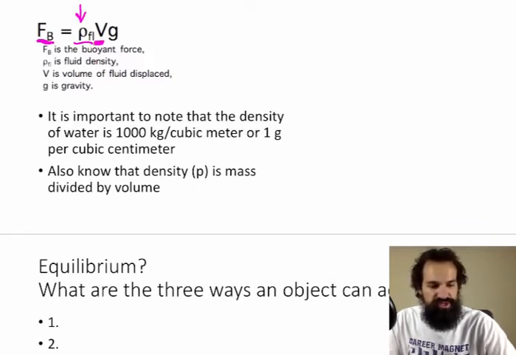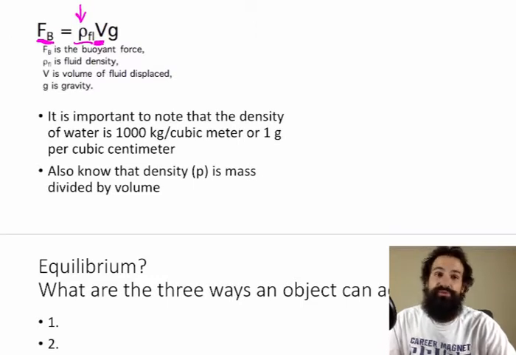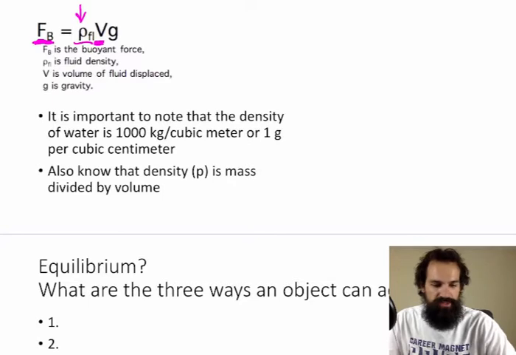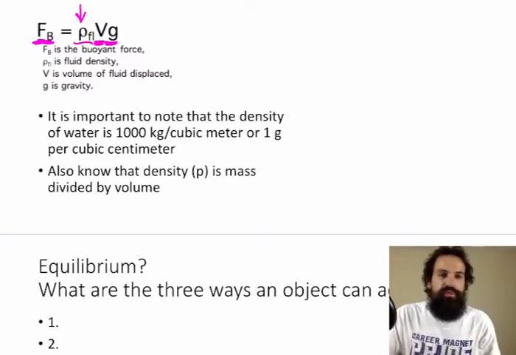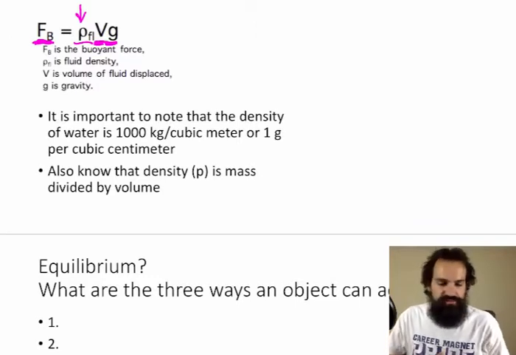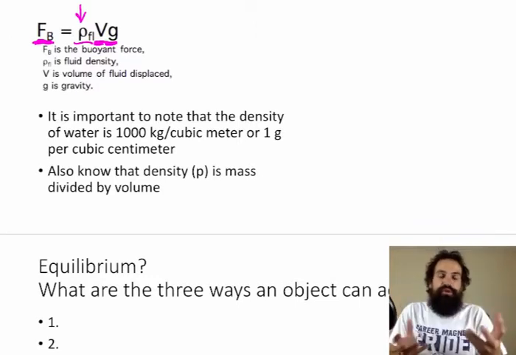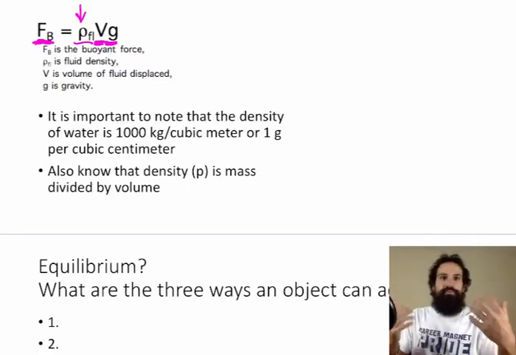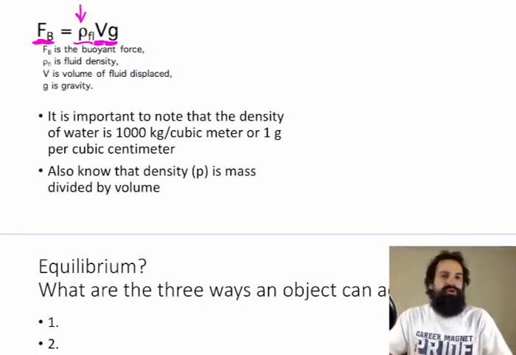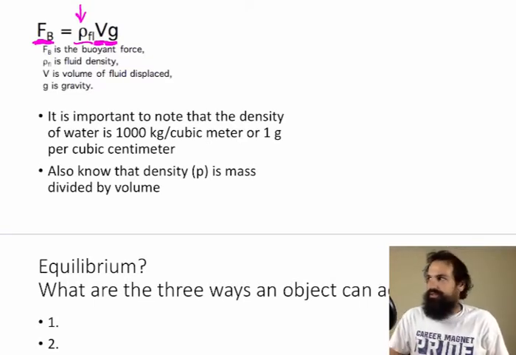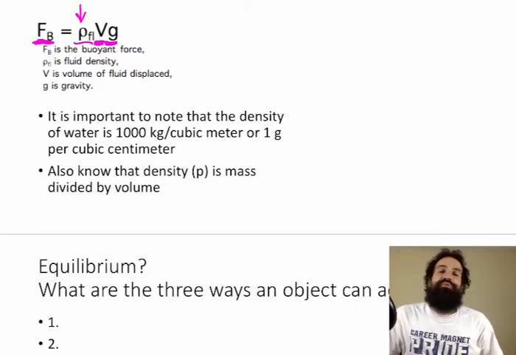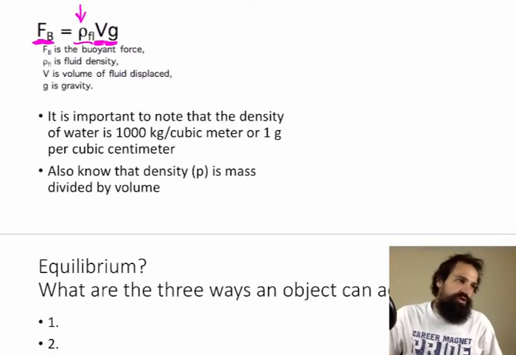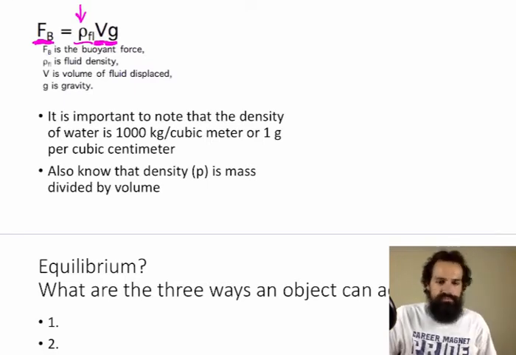The more of the object that is submerged, the volume, the more buoyant force you'll have. And the stronger gravity is, the more buoyant force you will also have. And this should kind of make sense. If you have more dense fluid, like the Dead Sea with all of the salt in it, you will float more because there's more buoyant force supporting you. If you are in syrup, you will float better than you would if you were in water.